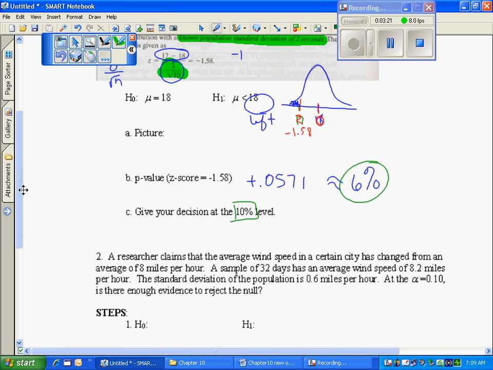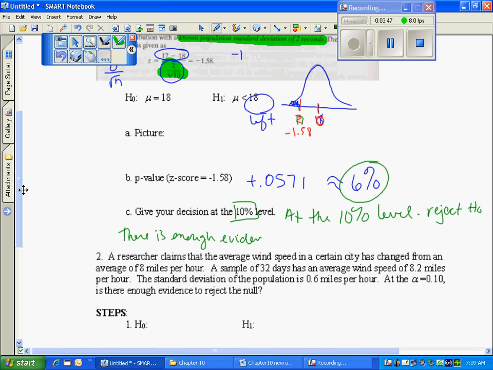Now, when you write your decision, you need to make sure that you state the level of significance. So at the 10% level, we are going to reject the null. So what does that really mean? It means that there is enough evidence. Evidence is my data.